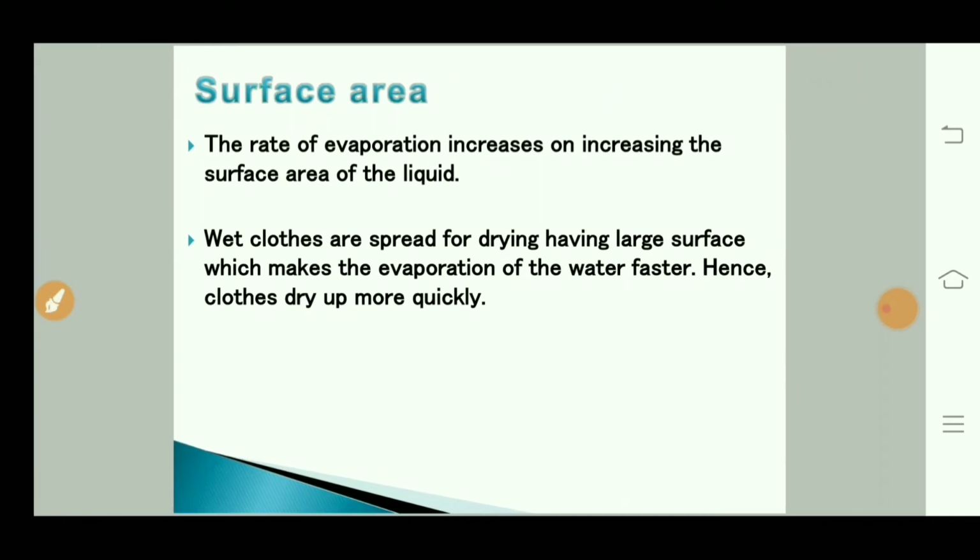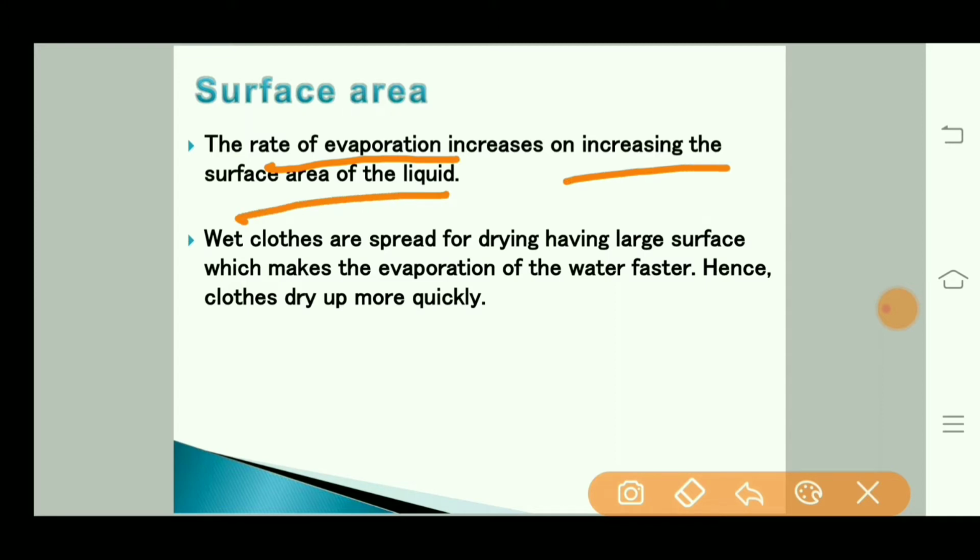Second factor we have is surface area. As we increase the surface area of the liquid, it increases the rate of evaporation. For example, suppose we have a test tube and a container having large surface area, both containing the same amount of liquid.